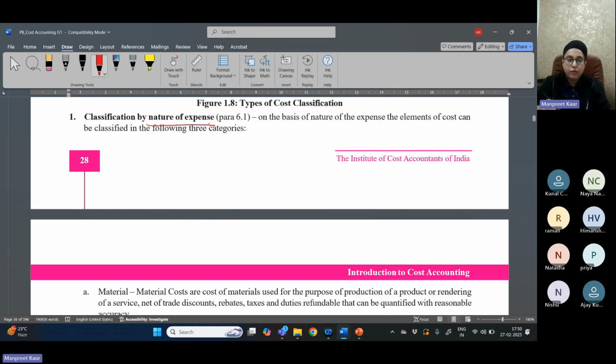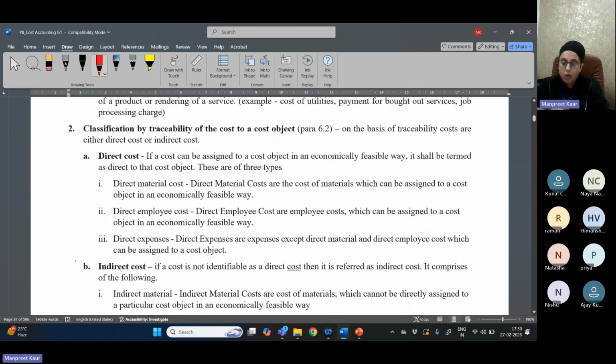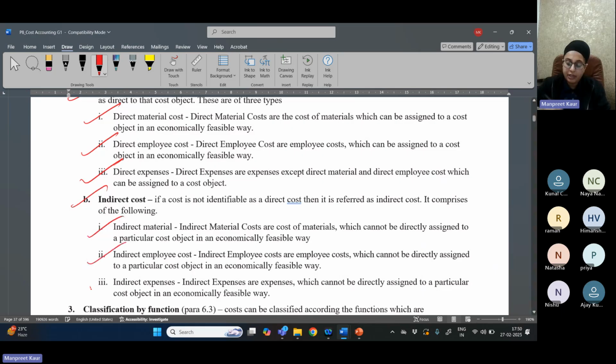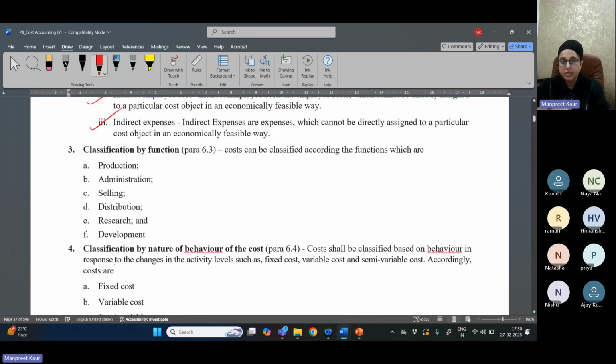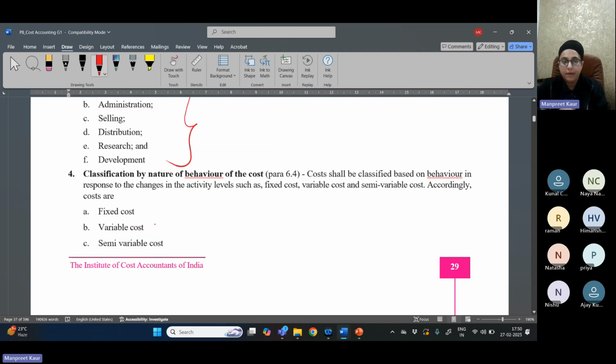On the basis of nature of expense, material, employee, and direct expenses. On the basis of cost object, direct material, direct employee, direct expenses, and indirect cost, indirect material, indirect employee, and indirect expenses. On the basis of function, production, admin, selling and distribution, research and development.